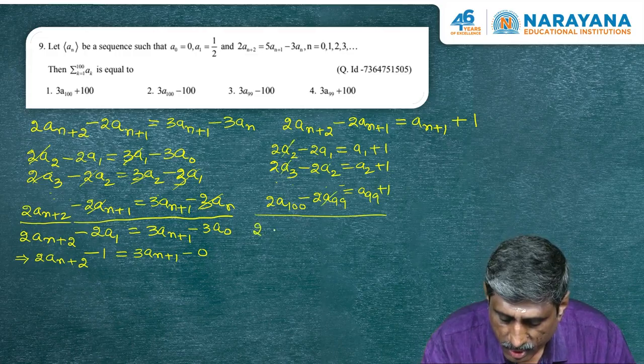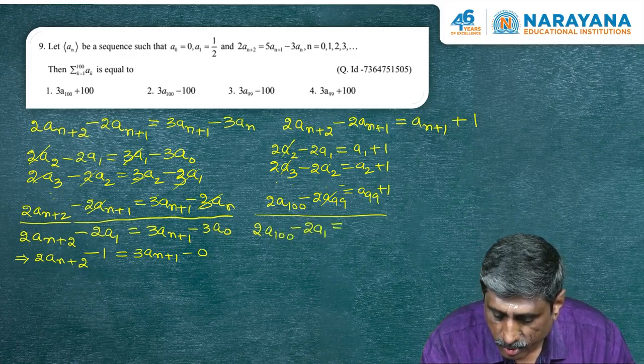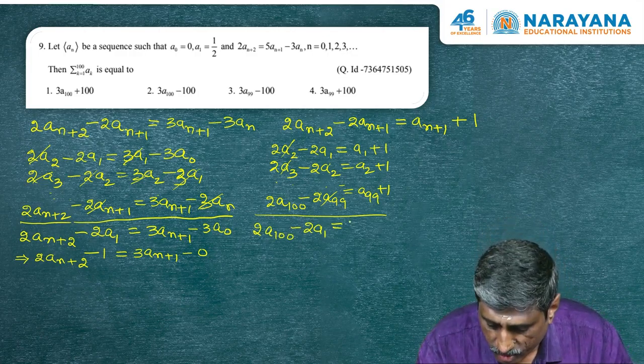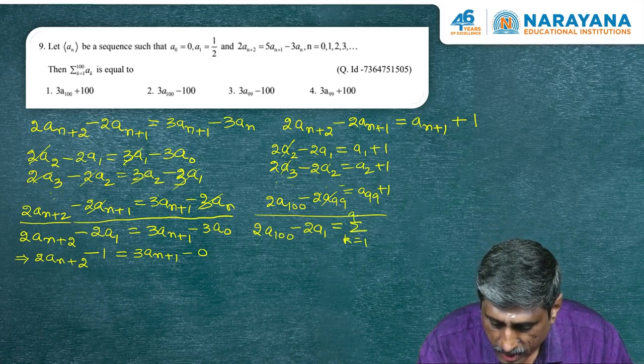So, 2a_100 − 2a_1 = sigma k = 1 to 99, so we are going to get sigma k = 1 to 99 of a_k plus 100.